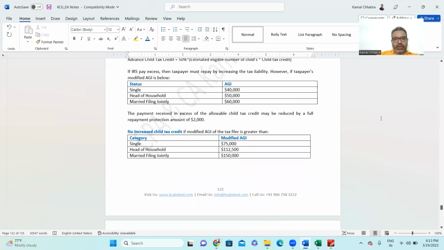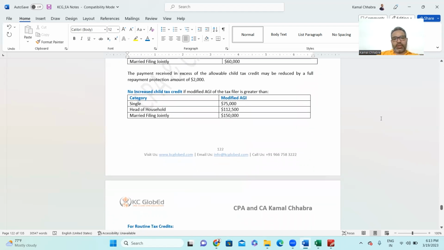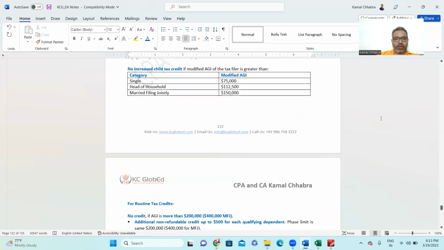If IRS pays excess, then the taxpayer must repay the increased tax liability. However, if the taxpayer's modified AGI is below this, that is not relevant. The payment received in excess may be reduced by the full payment. That is not important.